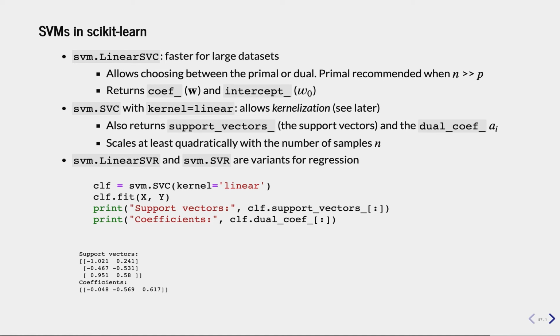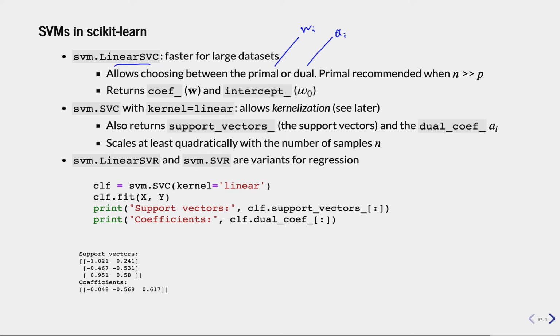How can we run SVMs in Scikit-Learn? There's different versions we can use. So first of all, there's a linear support vector classifier, which is faster for large data sets. It allows you to choose between solving the primal or the dual. So remember that the primal basically learns a set of weights, while the dual learns a set of coefficients.